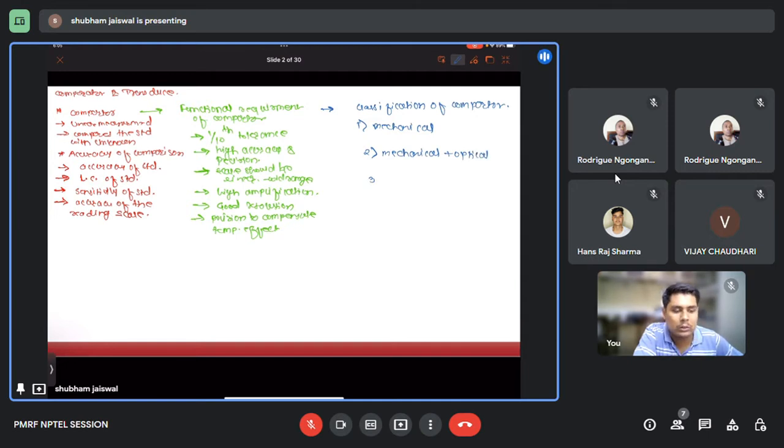Then we have seen the electric and electronic comparator. Then we have seen the pneumatic comparator. And then we have seen the projection and multi-check comparator.